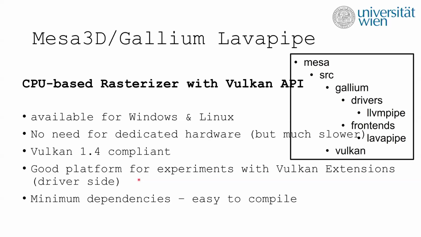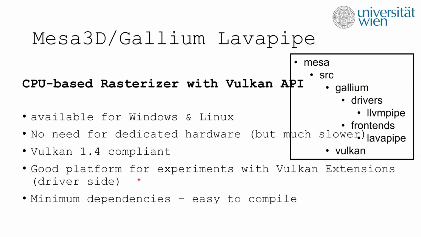It's great for such experiments because you don't have many dependencies, and you can compile it easily. If you want to have a look, on the right side you see the interesting subdirectories in the Mesa repository, where you find the code pieces which finally build the Lavapipe driver.